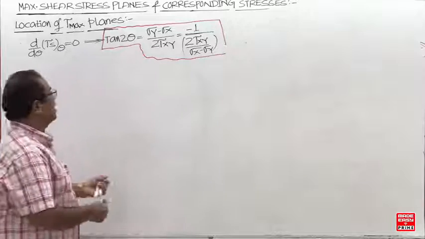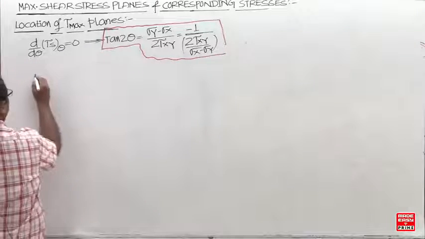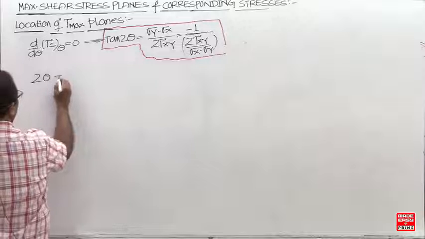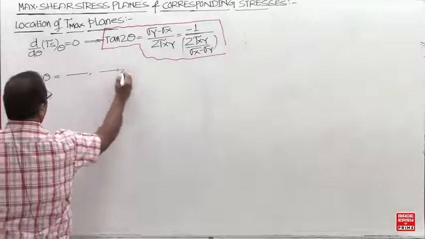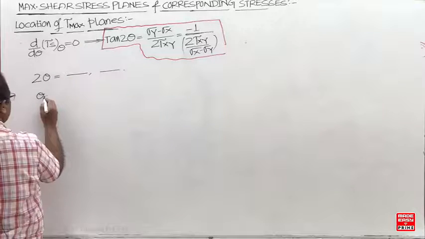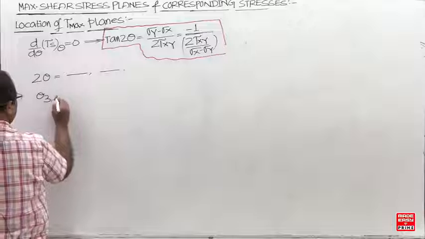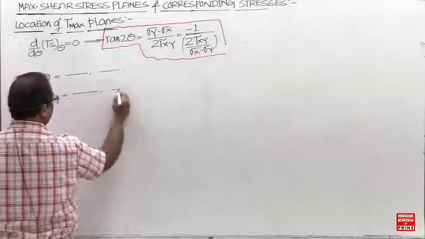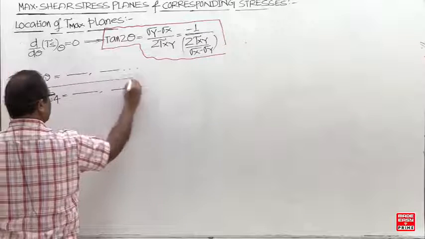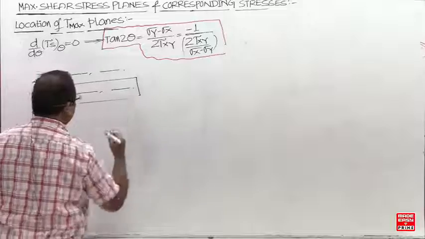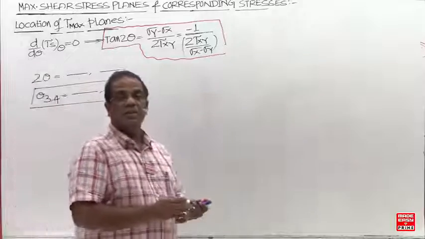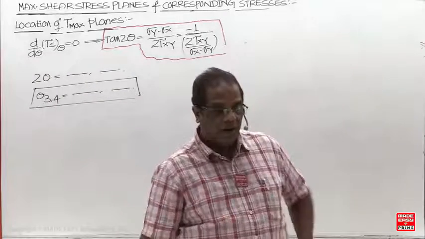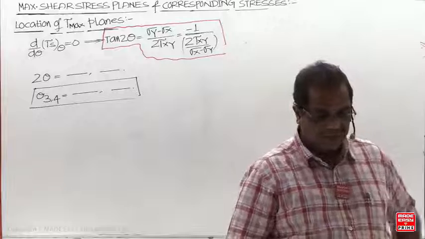Once again by substituting you are going to get two values for 2 theta. But always the planes are represented by theta. We are using theta 1 and theta 2 for principal plane locations.